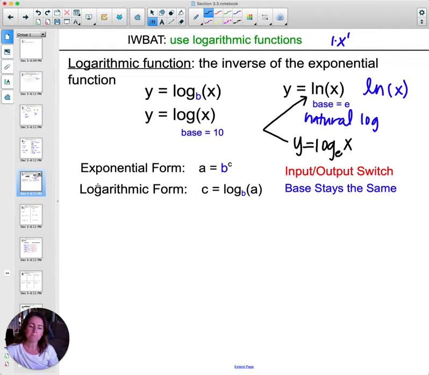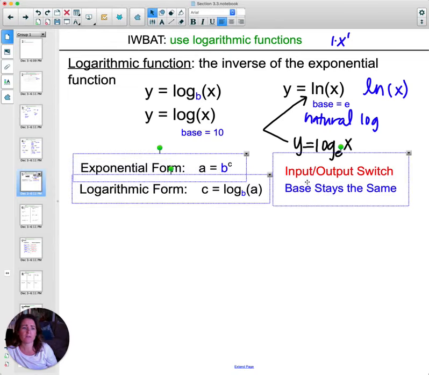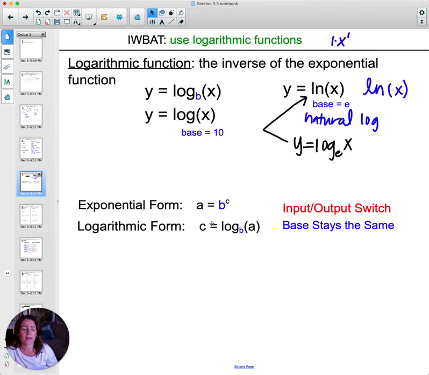And so then we're going to be able to flip between exponential and logarithmic forms. This is going to be a big skill here, switching between these two forms. Remember that they're inverses of each other. What you do to find an inverse is you switch the input and the output.